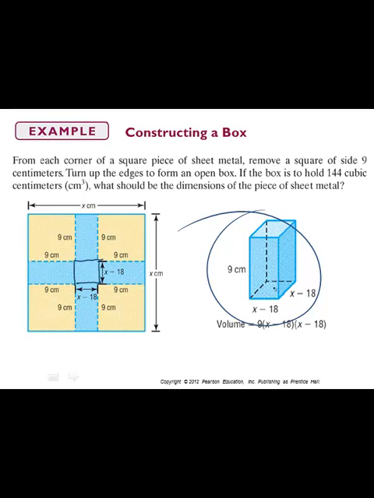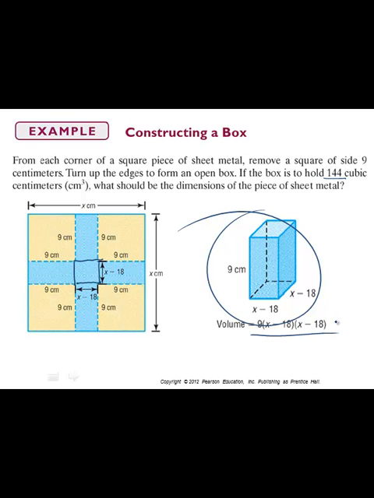Now, what is the volume of this box? The volume is height times length times width, 9 times x minus 18 times x minus 18. Now, we want the volume of this box to be 144 cubic centimeters.